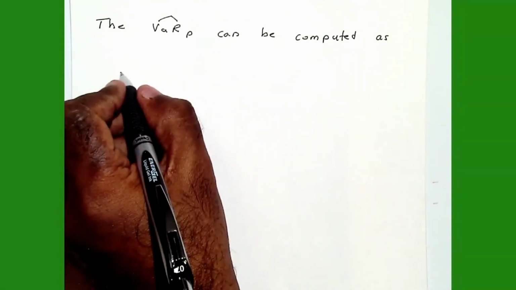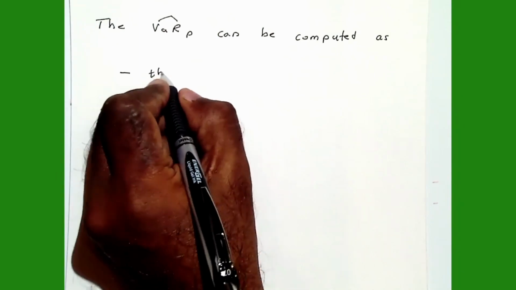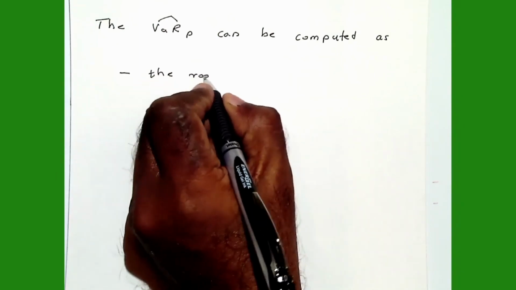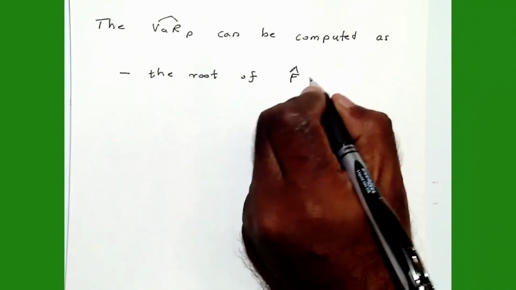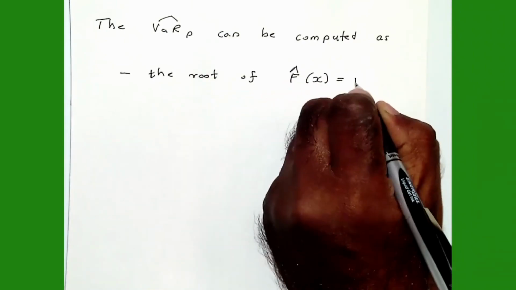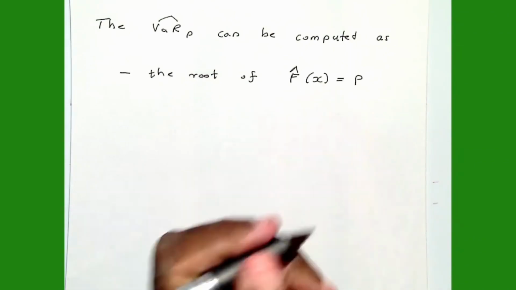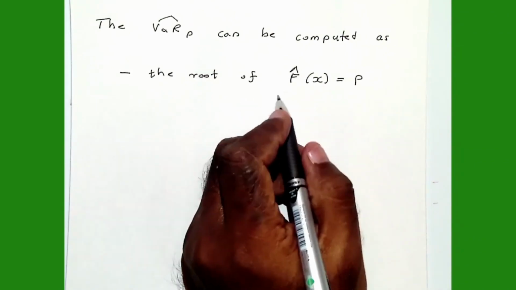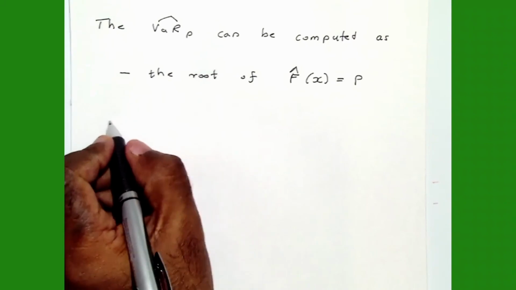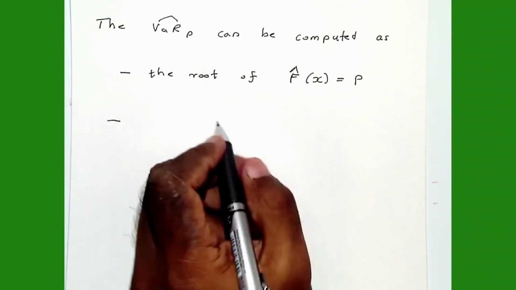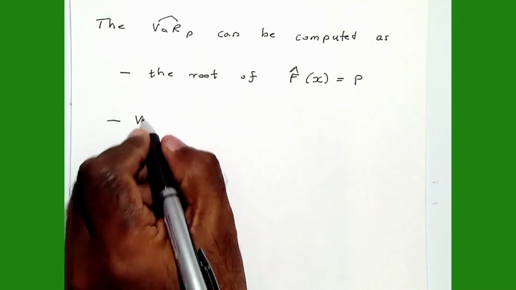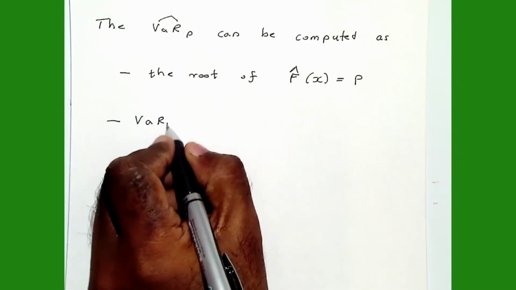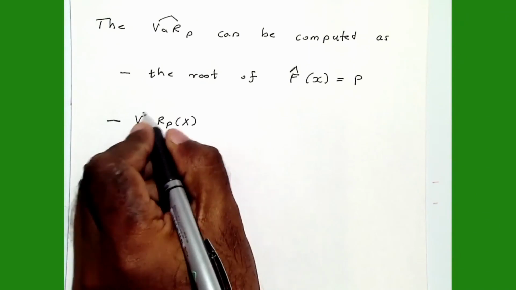One is as the root of the equation F hat(x) equal to p, where F hat is given by the formula in the previous slide. The second way to estimate VaR under the kernel method is to use this formula here.